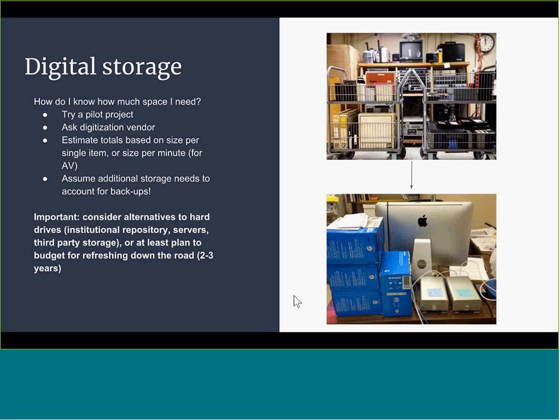And of course, it's always important to assume additional storage needs to account for backups. So if the content that you're digitizing is going to take up 14 gigabytes, you need to consider an additional 14 gigabytes, knowing that you're going to want at least one extra copy.